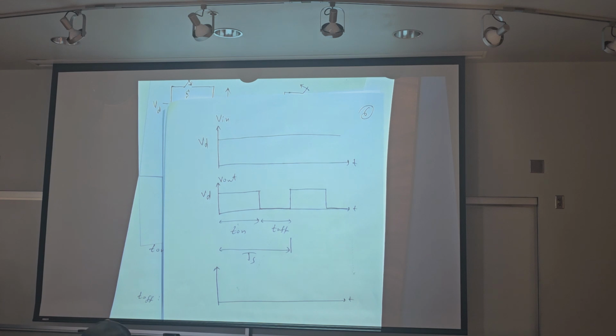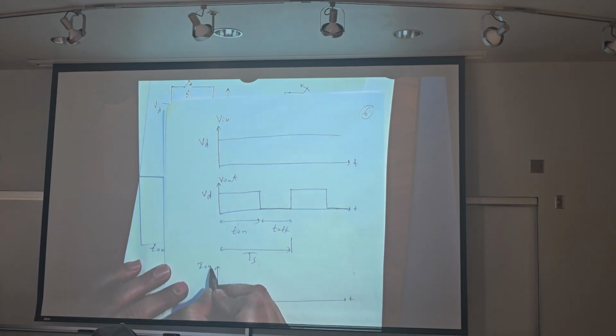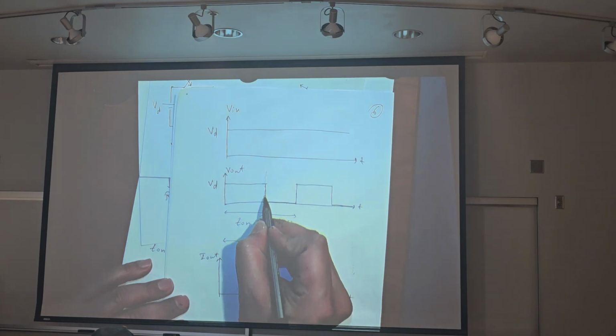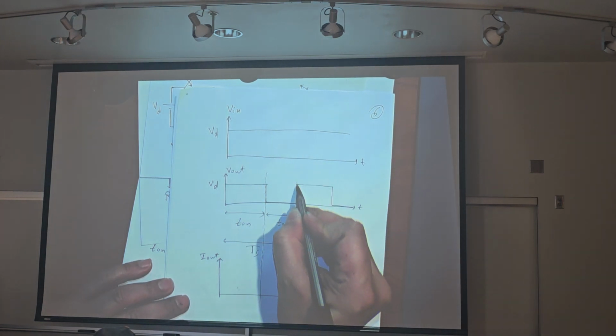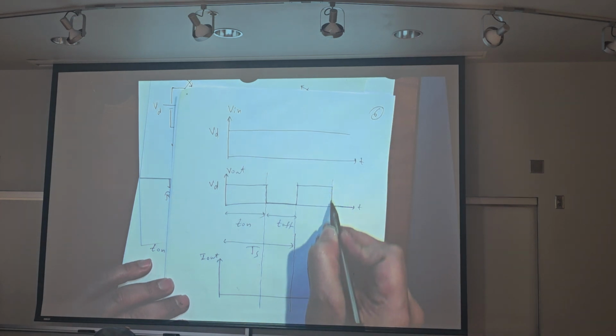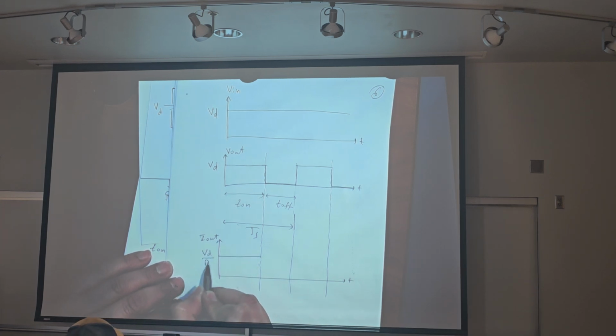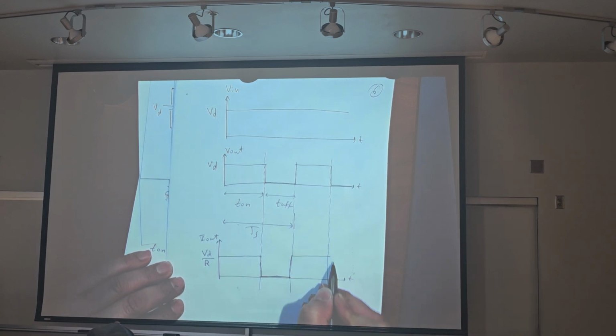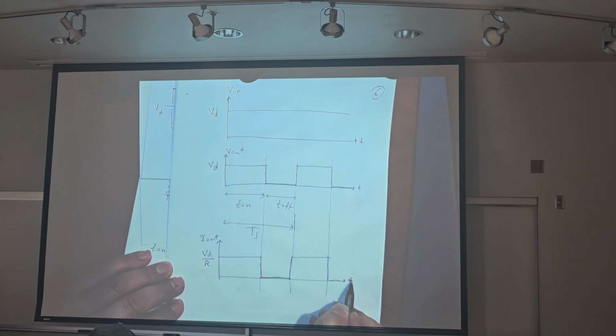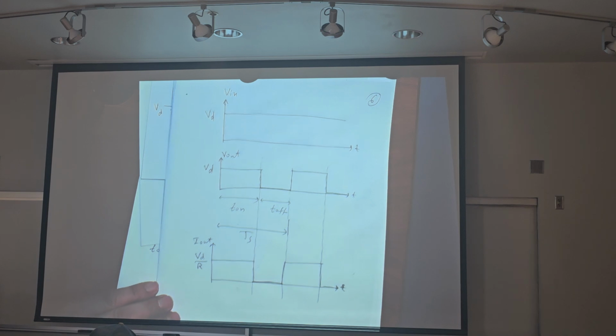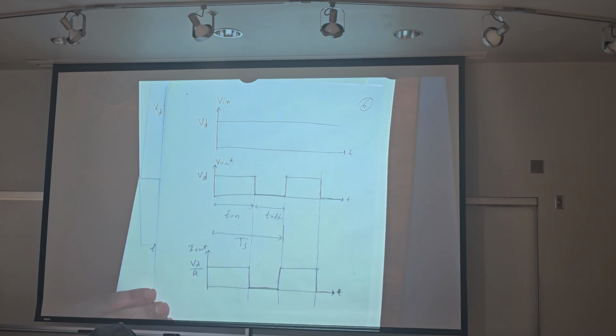So I out is VD over R, then 0. When the thyristor or switch is off, the current is 0, open circuit.